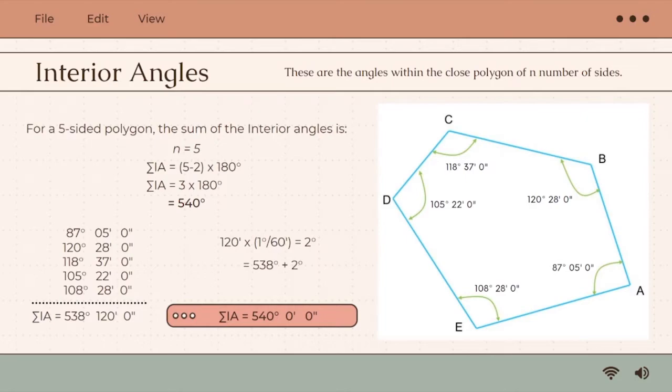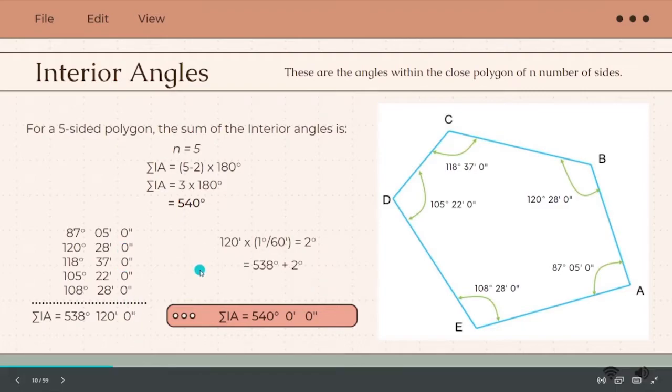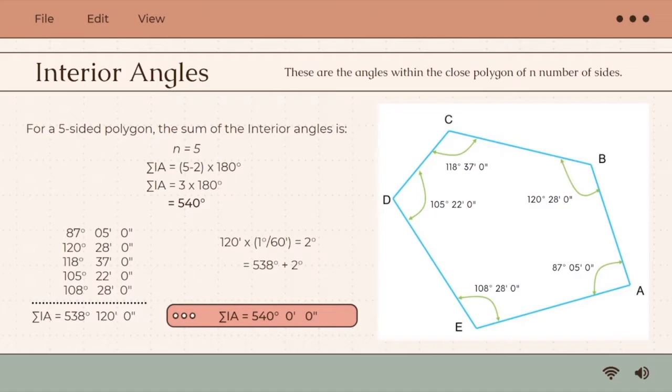Take note that the angle is also in minutes, so we have to convert minutes into degrees. So adding all the minutes, we get a value of 120 minutes, and we convert it into degrees, so we get 2 degrees. So 2 plus 538 degrees is equivalent to the total summation of all the interior angles, which is 540 degrees with 0 minutes and 0 seconds.